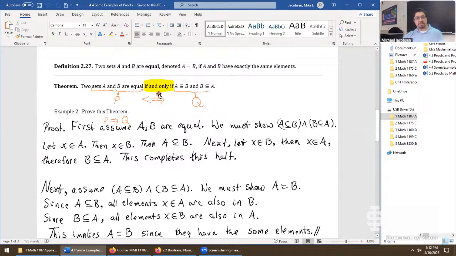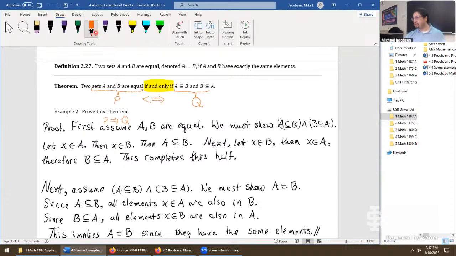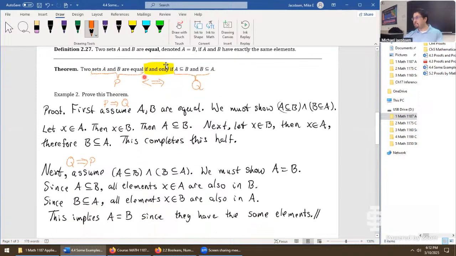So we were proving a biconditional statement. This was the forward direction, P implies Q. And I forgot to add this to the notes. When we go next, this is the backwards direction, Q implies P. We showed both of those statements. That gave us the if and only if we wanted. And so now this tells us A equals B if and only if we have those two subset relationships.